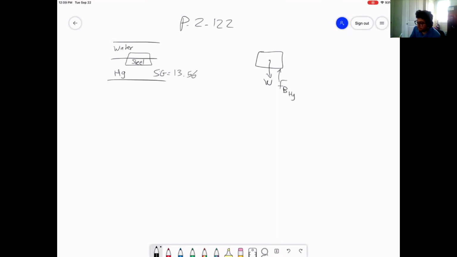Yeah. That makes sense. So these two fluids are trying to push up on this steel block, and the weight is kind of dragging it down. So you have three forces in total. FB, and let's call it W for water. Good? Yeah, that makes sense.